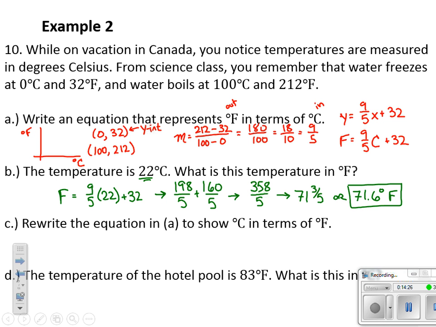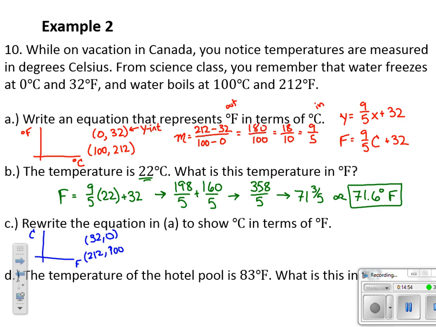All right, letter C. Rewrite the equation in A to show C in terms of F. So now we're just switching our inputs and outputs. All right, so let's see. Now our situation is Fahrenheit as inputs, Celsius as outputs. So I've got the point 32, 0, and I've also got the point 212, comma 100.